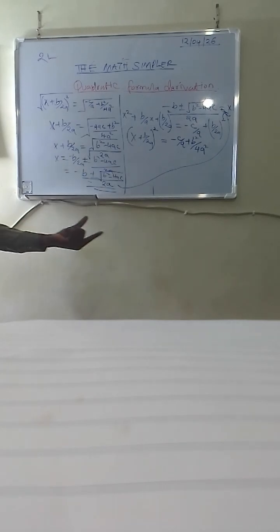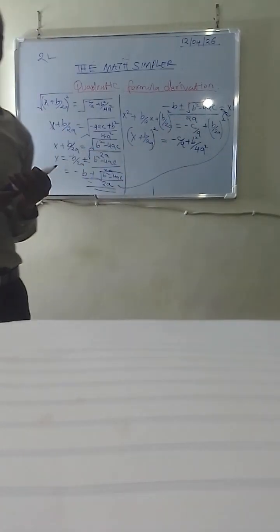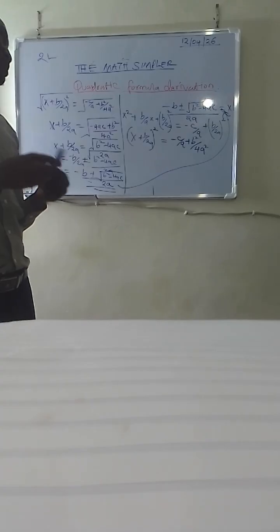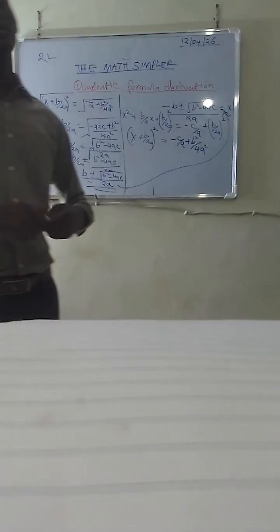So the quadratic formula is just a solution of the completing square method of a quadratic function. Thank you.